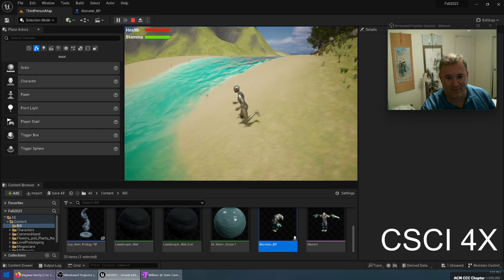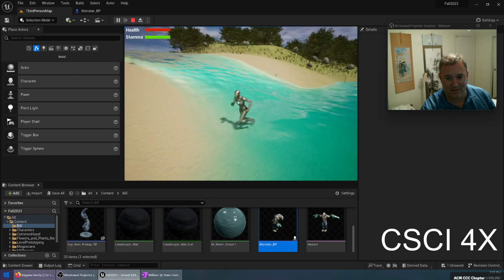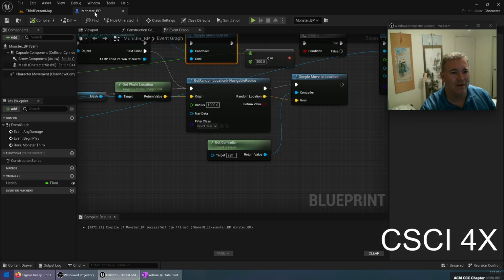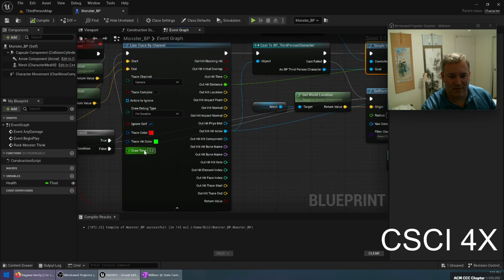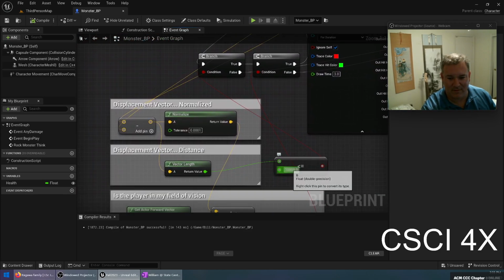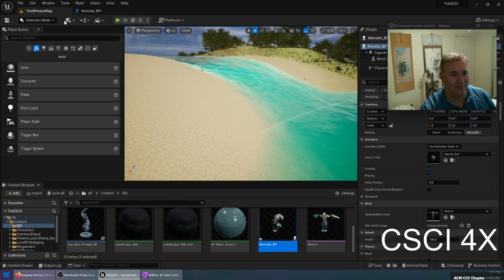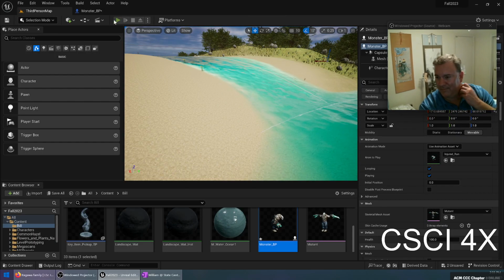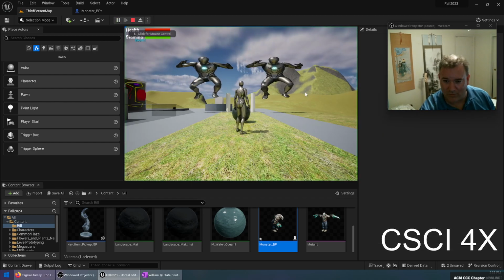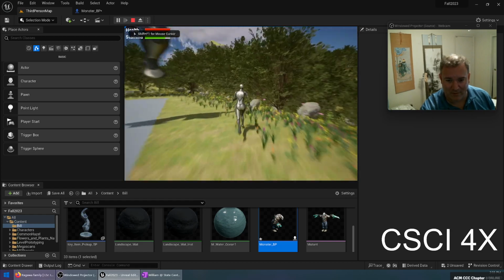Maybe not, still. Yeah, maybe I should make that shorter. Make it 10 meters. There we go. And we can put it back up to 100 for the finished product, but I want to test to make sure that it's only going to spot me within 10 meters.